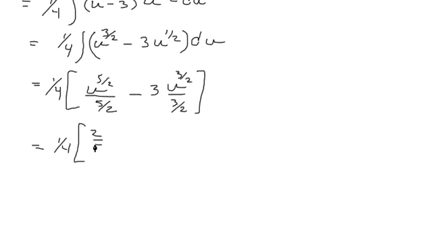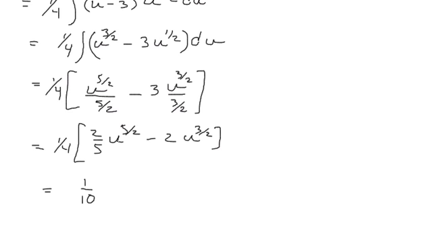So this is 2/5 u to the 5 halves minus, this is going to be 2 over 3, but the 3s cancel out, so we'll just be left with a 2 u to the 3 halves. I'm going to distribute that 1/4 across. So this ends up being 1 over 10.